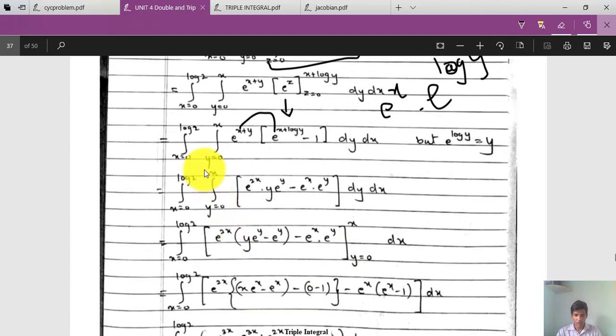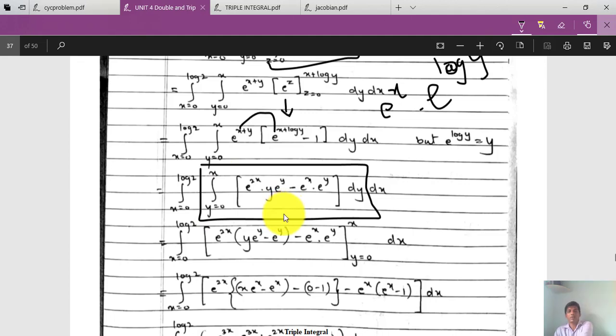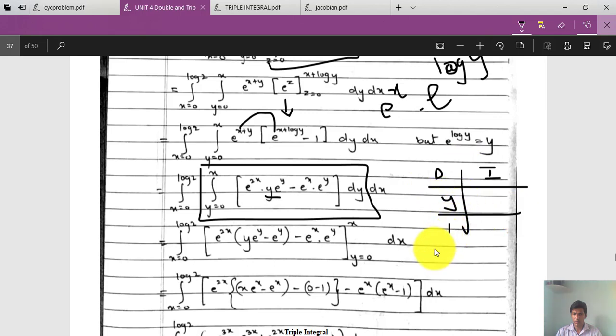Now I will integrate this particular integral with respect to y over the limit 0 to x, keeping x as constant, so e raised to 2x is constant. This is by integrating by parts, or else you can use the DI method, which I have already told you. Here y, then 1, then 0, and here the integration of e raised to y is e raised to y.